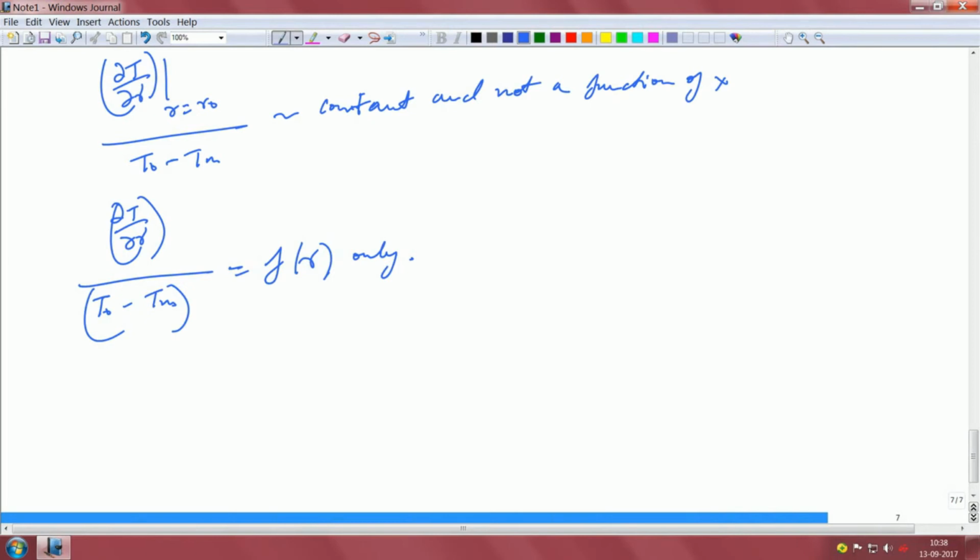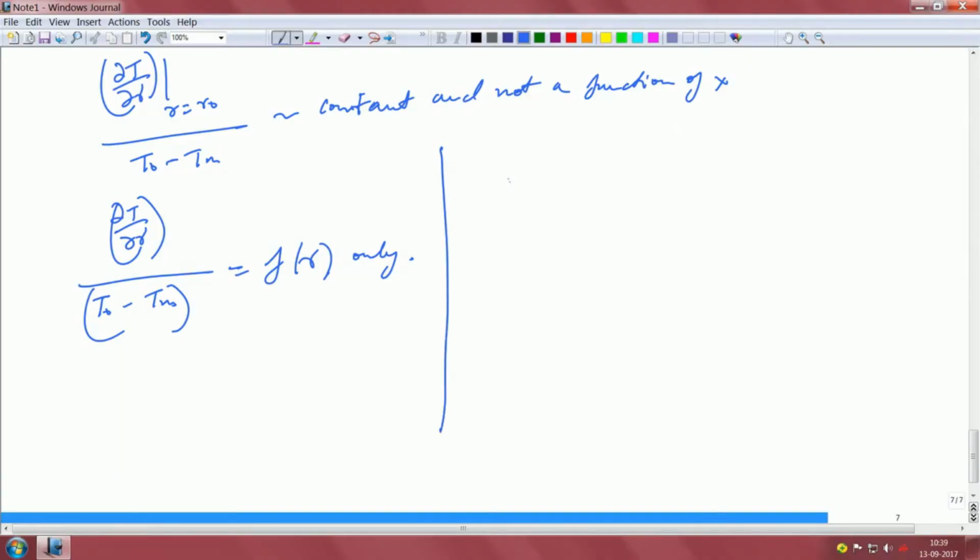So dT/dr, we evaluated at one particular point, and we saw that it was not a function of r, and both were the same functions of x. Therefore, once you divide one by the other, we can argue that this will be a function of r only. So based on this, let us define the temperature profile.